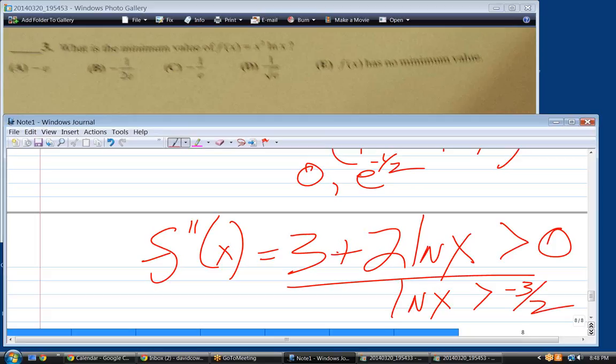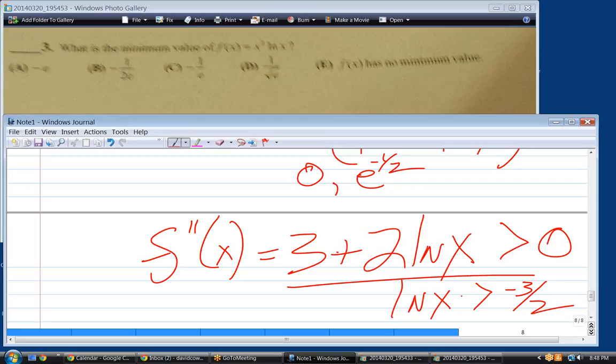Hold on a moment, I got confused. If the natural log has to be greater than minus 3/2, what does that mean about x? Is one of these answers e to the minus 1/2? Yeah, D is.